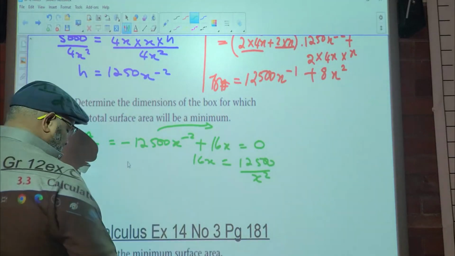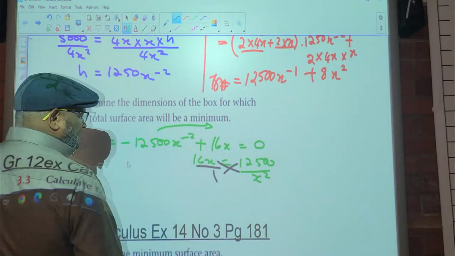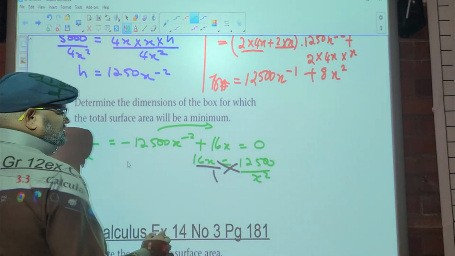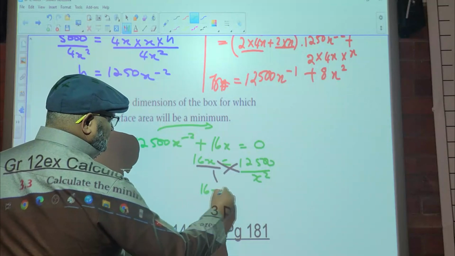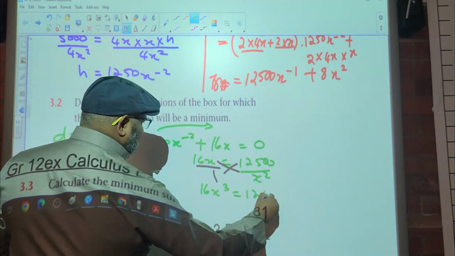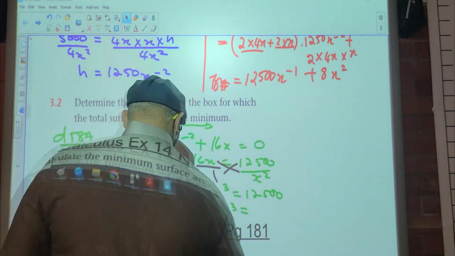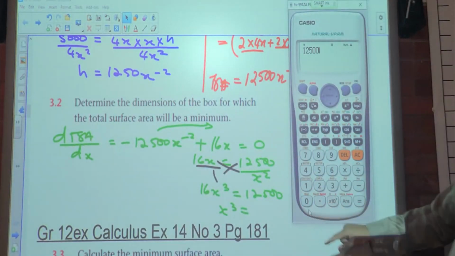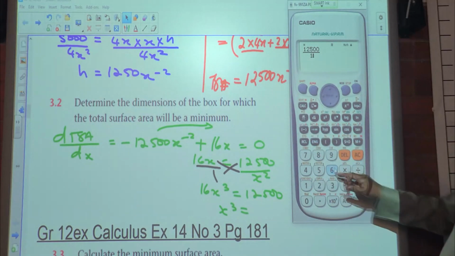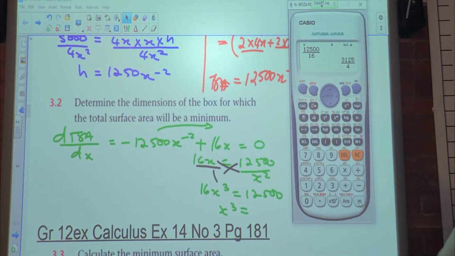So what do I do now? Cross multiply. So 16x times x squared is 16x cubed, which is equal to 12500. So x cubed is equal to 12500 over 16. Gives us that answer.